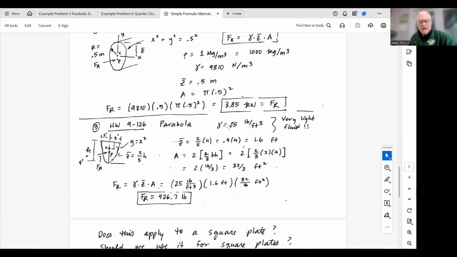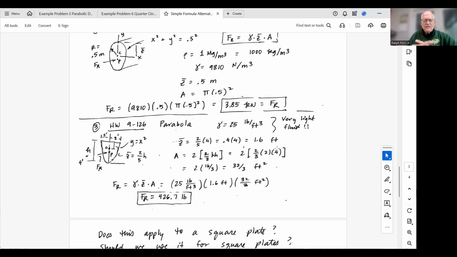I can imagine it's a foamy fluid, if you will. Z bar is 2/5 of 4, which is 1.6 feet. The area is 2 times 2/3 B H. And of course, our gamma was 25. So the resultant force is gamma times Z bar times area, which is 426.7 pounds.